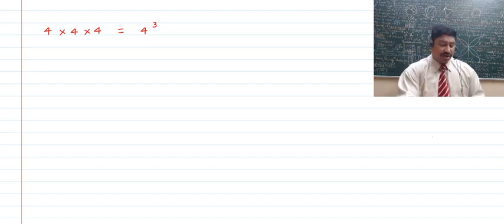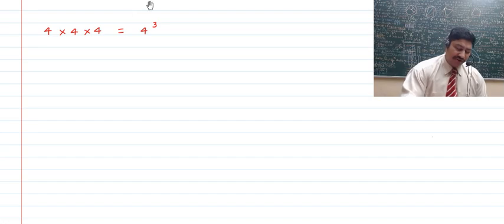Right? So here, what did we do? If we had 4 multiplied to its own self a specific number of times, then we write 4, and in the superscript, we write the number 3, which shows how many times this number 4 is to be multiplied with its own self. Now, generally speaking, we can write this as some a raised to the power x.